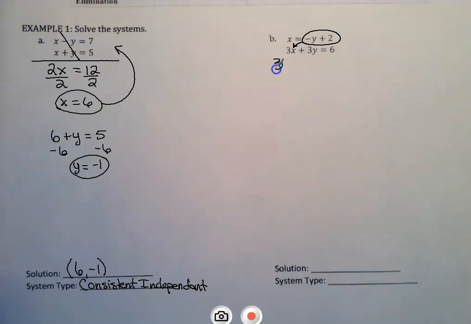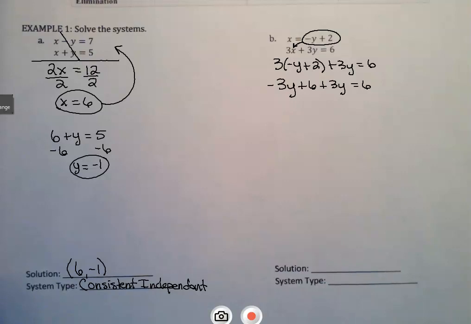So we could have 3 times negative y plus 2 plus 3y equals 6. Okay, so the substitution. So negative 3y plus 6 plus 3y equals 6, because we distributed. You should like where this one's going.